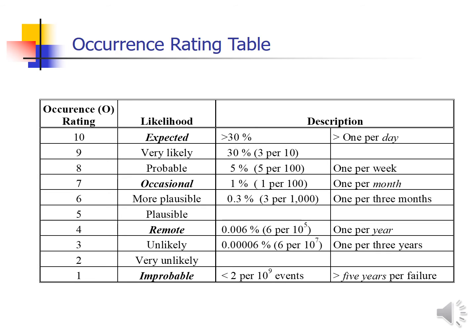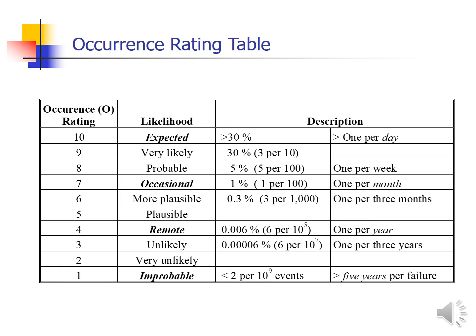Occurrence rating table. Okay, so number 10 to number 1. Number 10 means expected, more than 30% of the parts have the problem, meaning 1 per day. Number 9 is very likely, 30%, 3 per 10 parts.